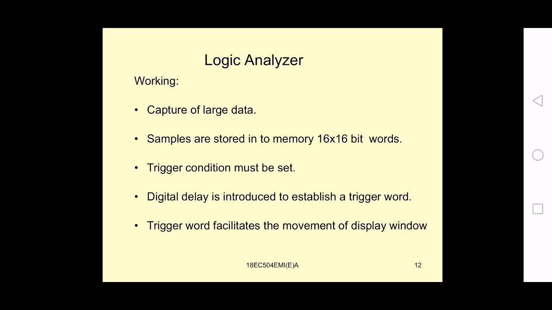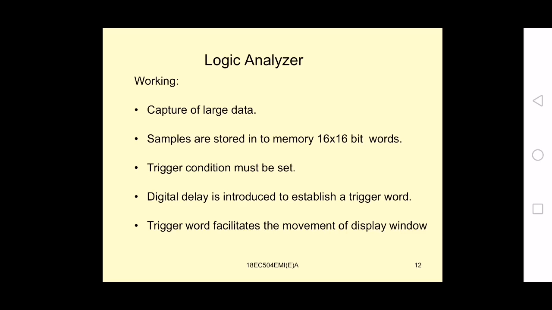The function of the trigger generator is to check the incoming signal data from the input buffer against the trigger set condition. That trigger condition must be set, and only then will the data be sent from the input buffer to the CPU.